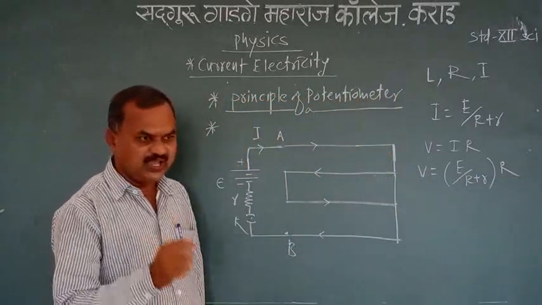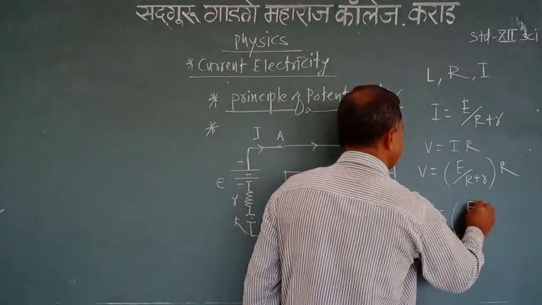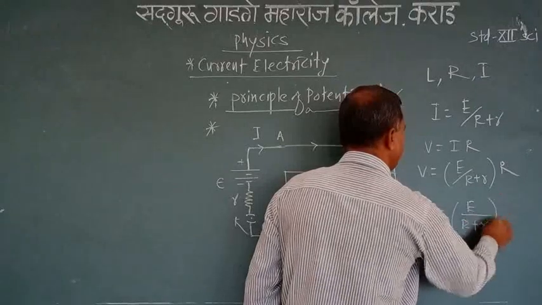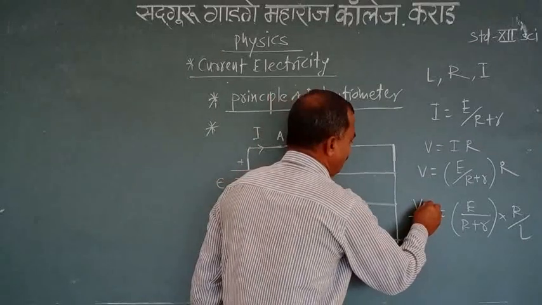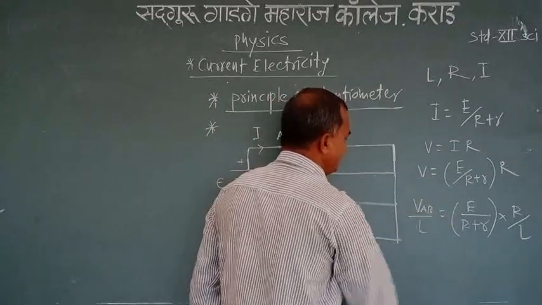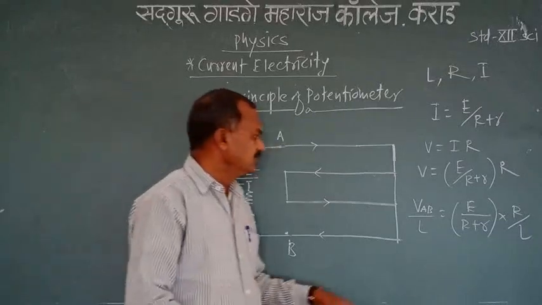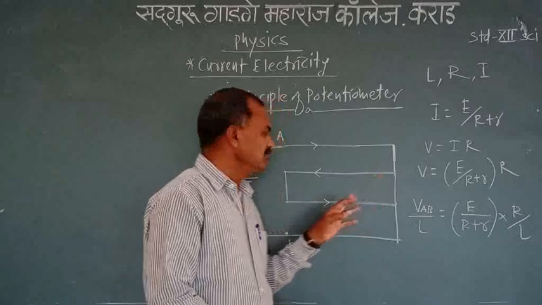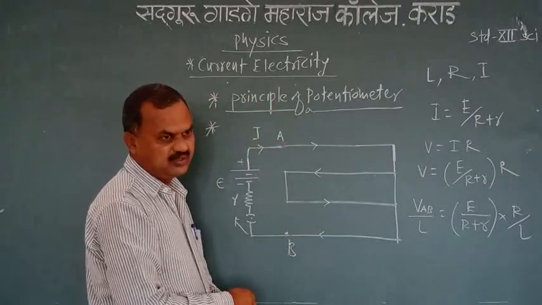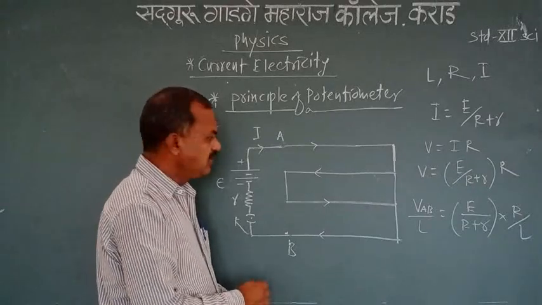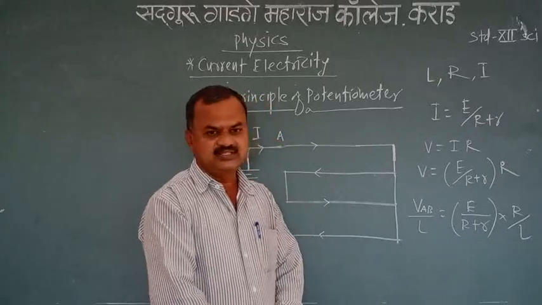Then divide both sides by capital L, that is V divided by L equals E divided by R plus r, into R divided by L. Here V is the potential across wire AB, VAB divided by L. That means VAB, the fall of potential difference across wire AB, divided by the length of wire, is called the potential gradient.